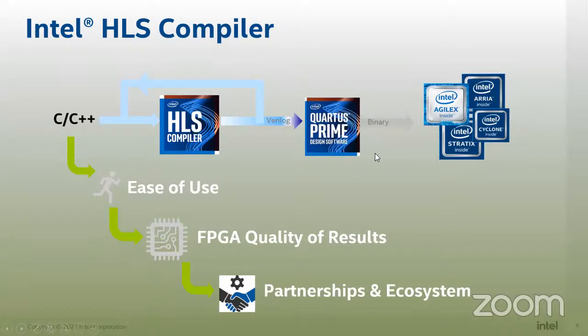We will take that to the Quartus Prime design software, and then generate it. So: C or C++, ease of use, FPGA quality of results, and partnerships and ecosystem. Right, so that's the flow. You take the C or C++ code, take it to the Intel HLS compiler, convert that into Verilog code, and take it to the Intel Quartus Prime design software and implement the design.